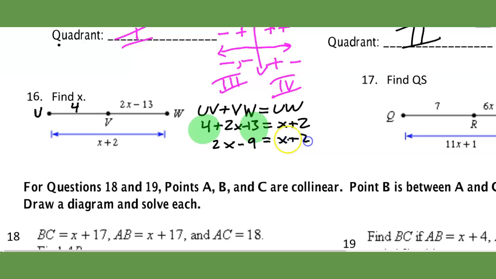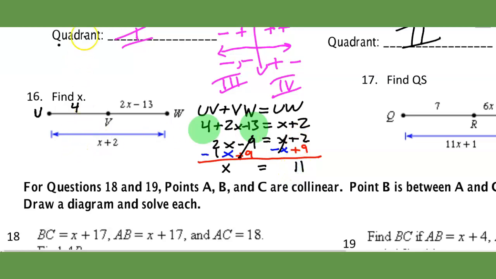And now we can move some variables around. Subtract x on both sides, and then we can also add 9 on both sides. This will put the variables to the left and the numbers to the right. So we have 2x minus 1x is just x. And negative 9, positive 9 cancel out, and x minus x cancel out. So we have x equals 11.